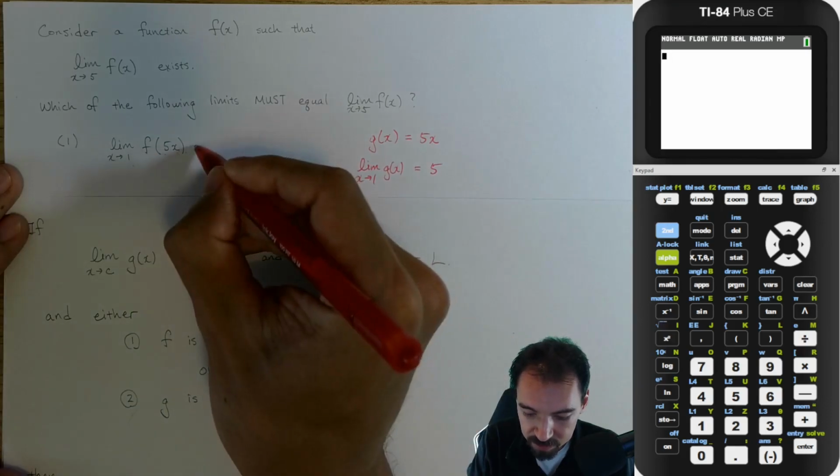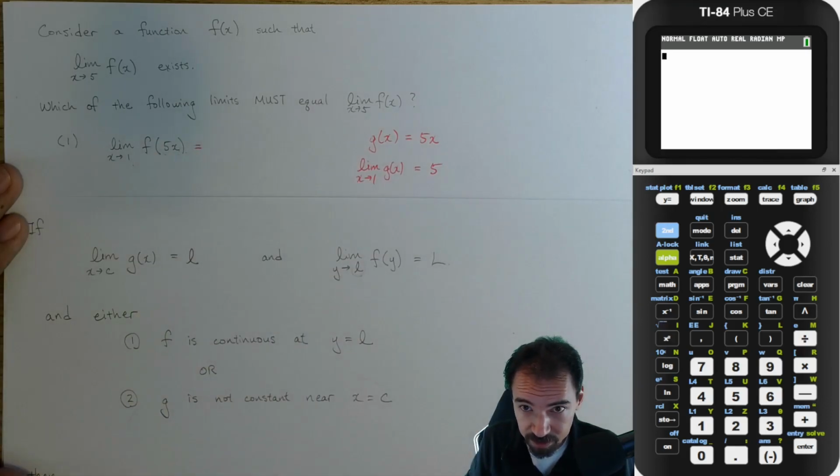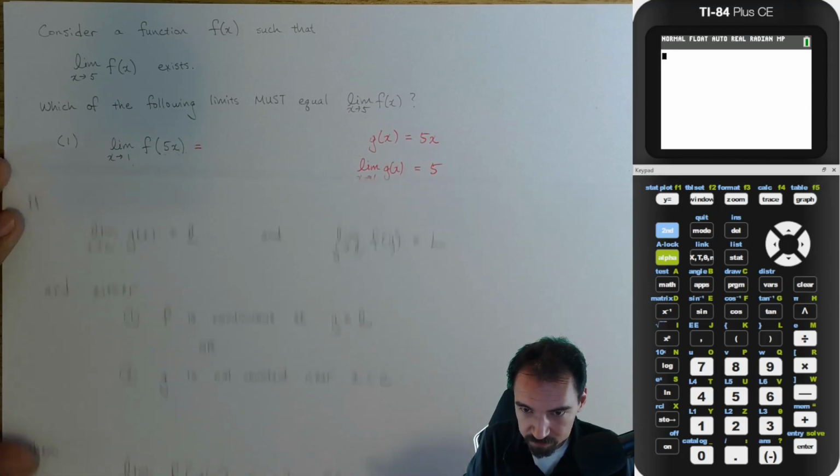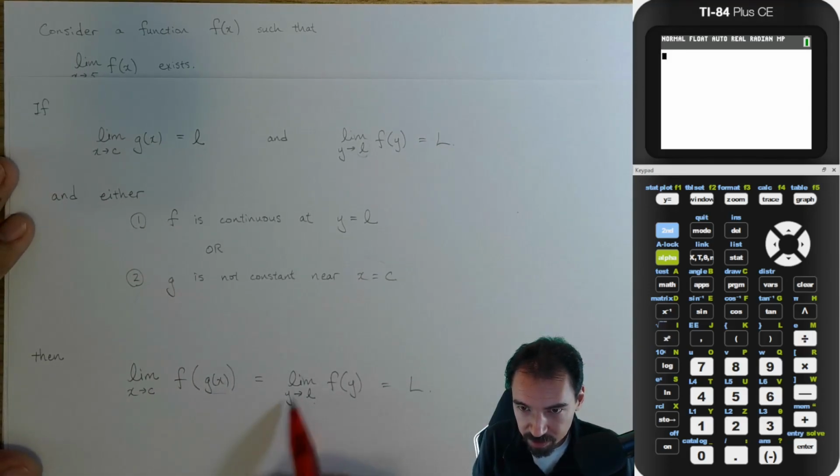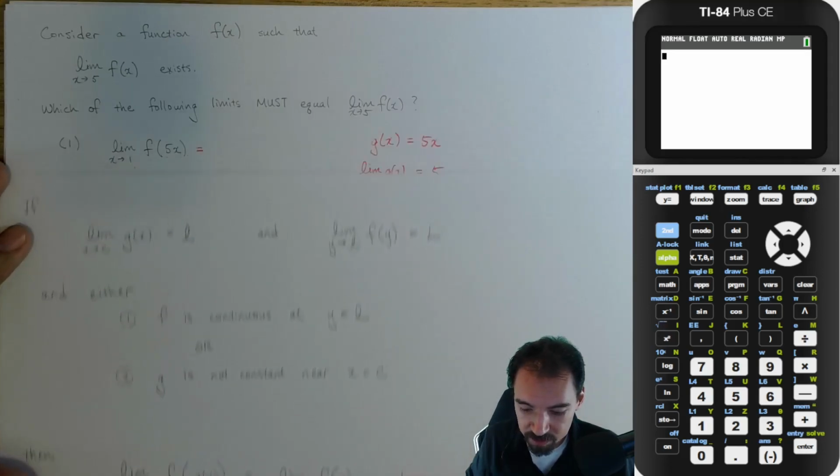So this, ideally, is going to equal the limit as y approaches L of f of whatever the output of g of x is.